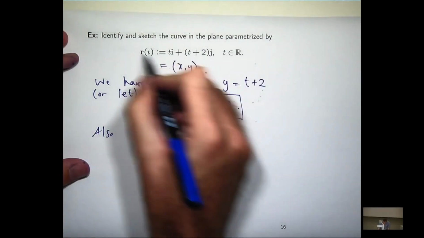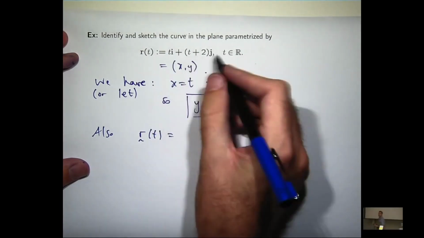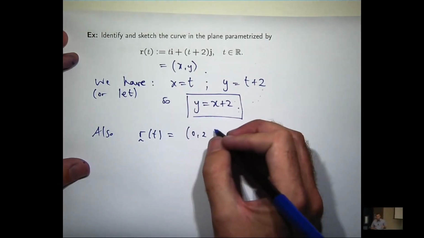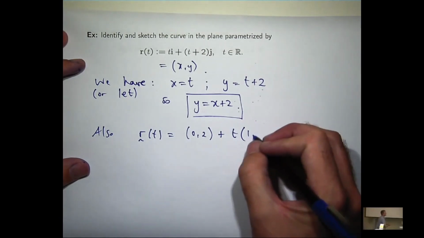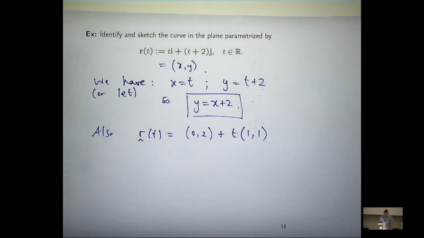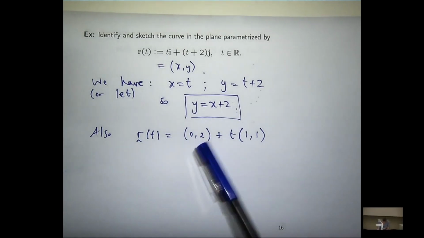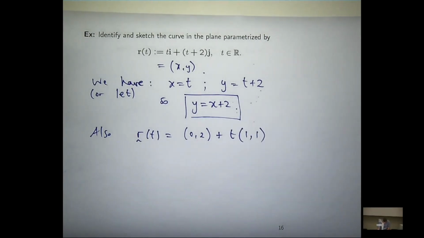All it is is rearranging the vector function. So if I just write it out like this, we get the vector parameterization for a line in 2 dimensions. It's got to go through the point 0, 2, and it's got to be parallel to the vector 1, 1.